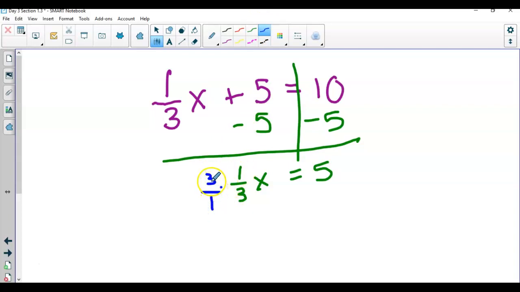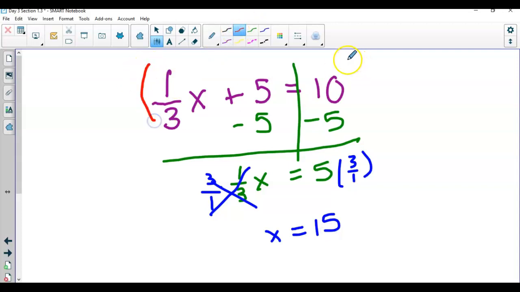So that gets rid of it. And I multiply by the reciprocal over here. And I get x is equal to 15. Now, you could have used the strategy I just showed you by multiplying everything by the common denominator. Since I only have 1/3 here, I would multiply by 3. And just ask your teacher if you want your teacher to practice that with you more.